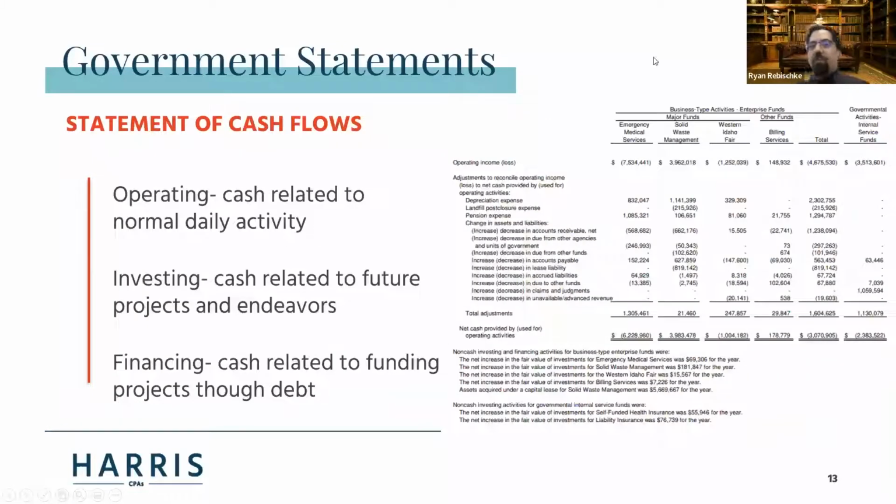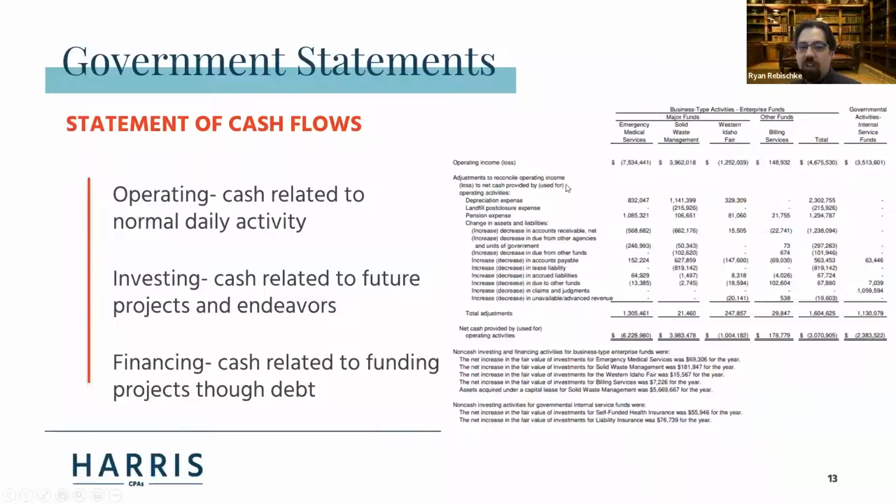So, and we'll finish up the basic statements with the statement of cash flows. These only apply to proprietary statements, so statements that fund themselves, because this is really an accrual, like a normal business function. Again, these are kind of dense. Government cash flow statements are pretty dense. Some things to point out to know is that you'll see 3 different categories.